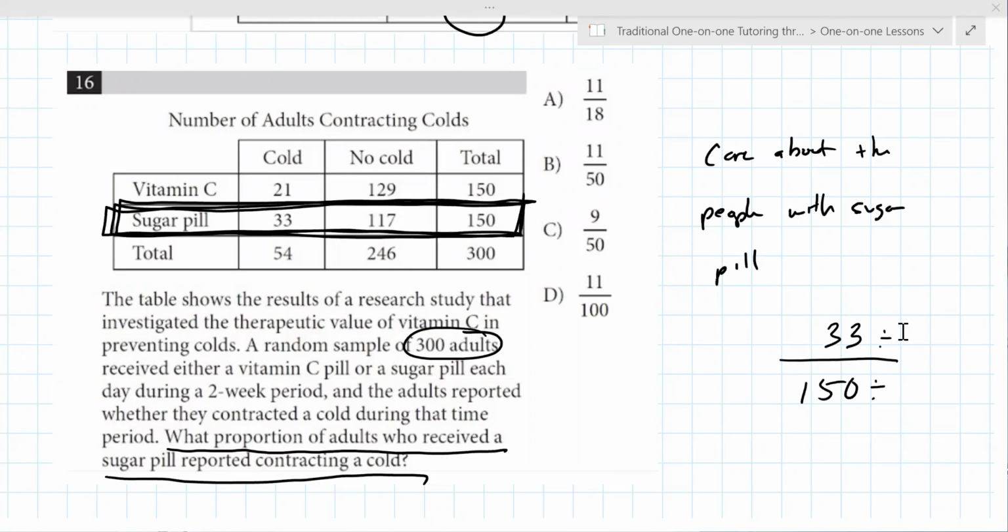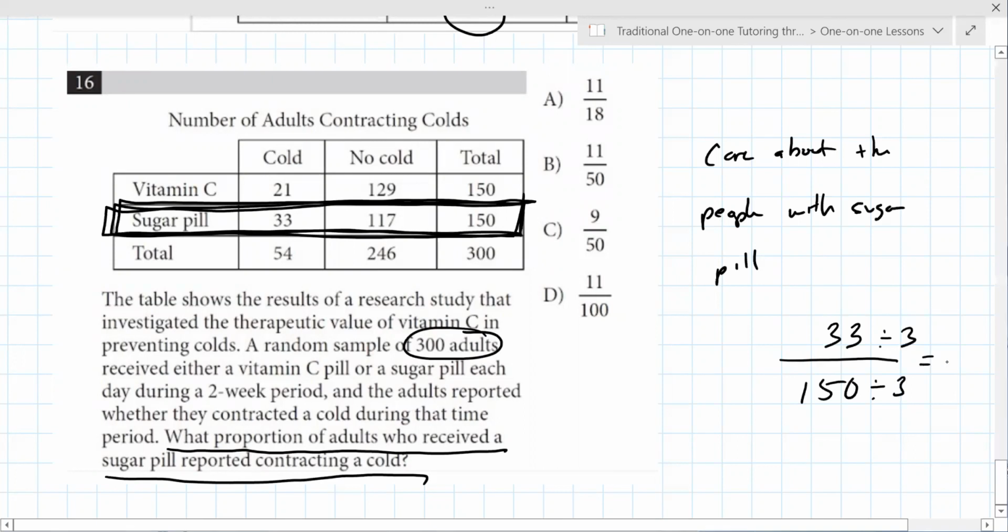So do you see that the number 3 goes into both of these?